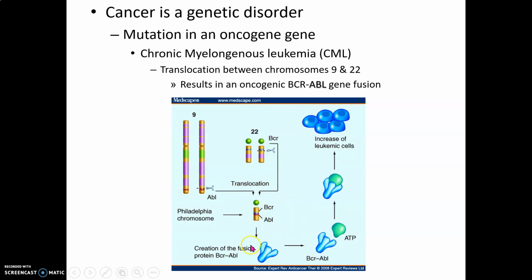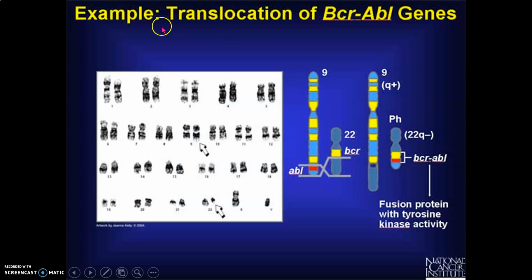And now this fusion can lead to an increase in cell division, which is making leukemic cells at this point. Here you can see that fusion, and now it's causing different activity. So we're translocating it and changing its regulatory proteins, which leads to a change in how we express it.